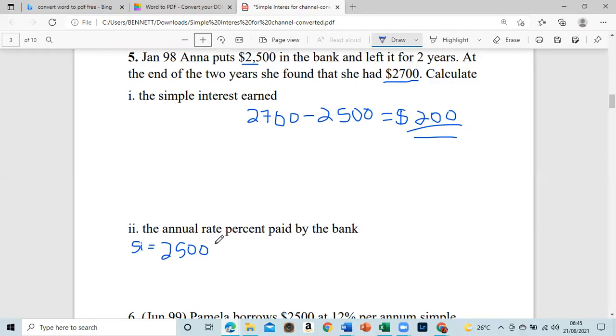Time was 2 years. And it asks us to find the rate. 2,7 is important, you know, guys, because that's the simple interest, right? So I should have put the 2,7 over here.